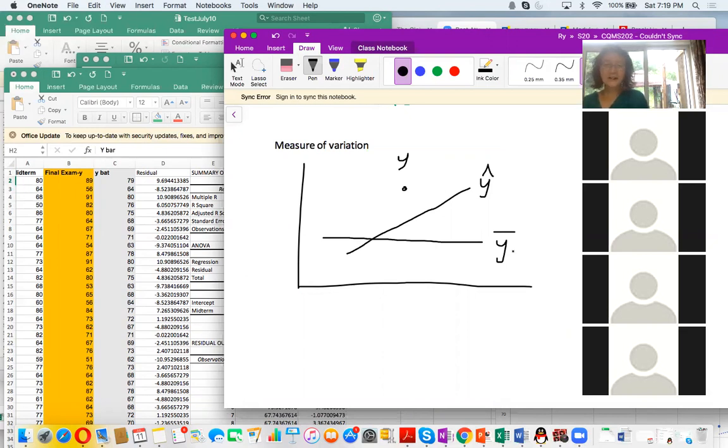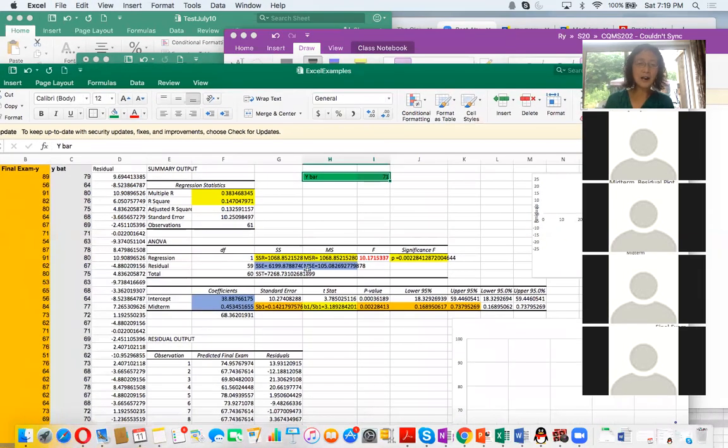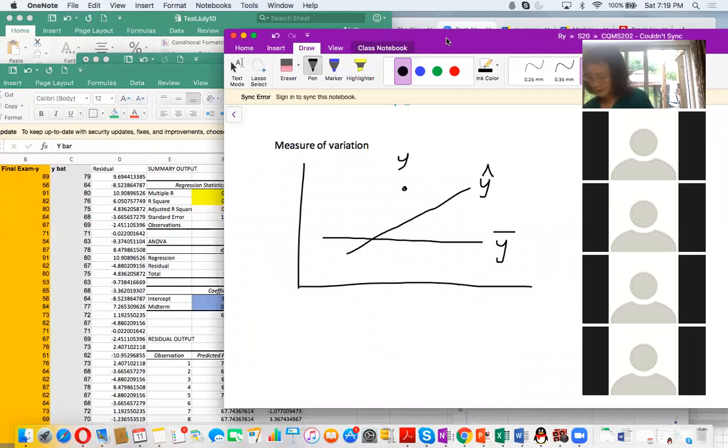Okay, the measure of variation, I also mentioned here: SSR, SSE, SST. What is the graphical representation of those SSR, SSE, SST?